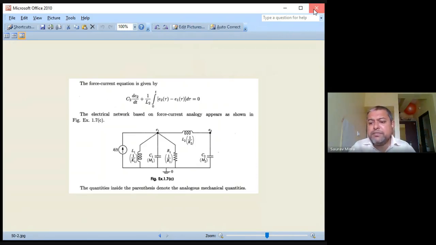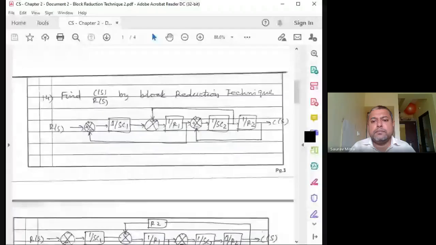So let me launch my PDF and we'll solve some more numericals. Yes, so I think this numerical is visible.